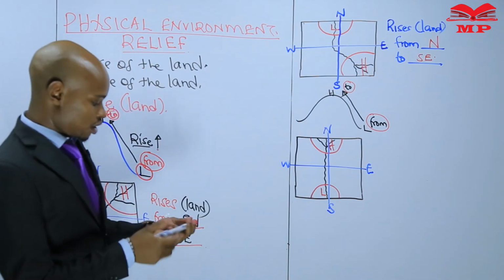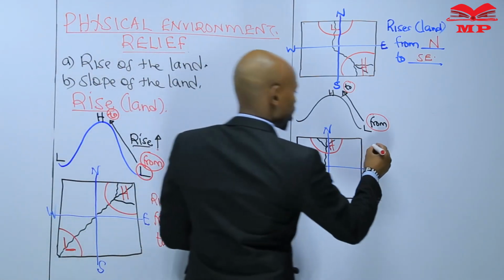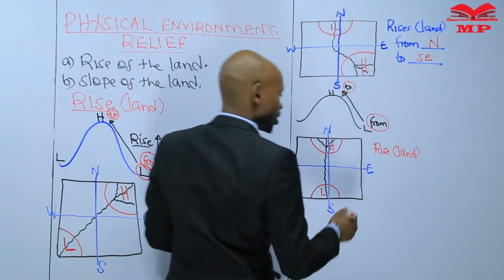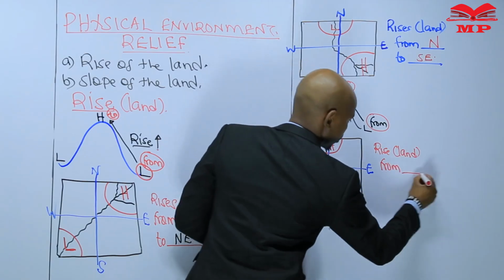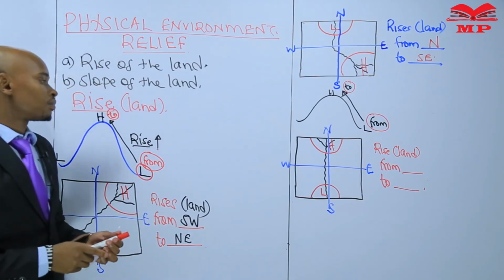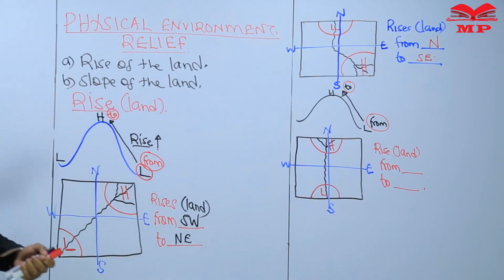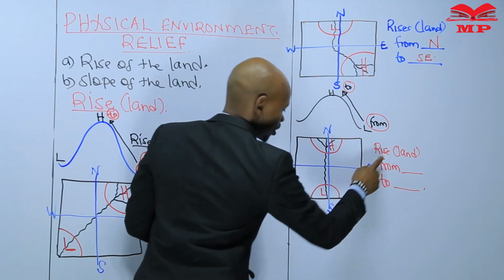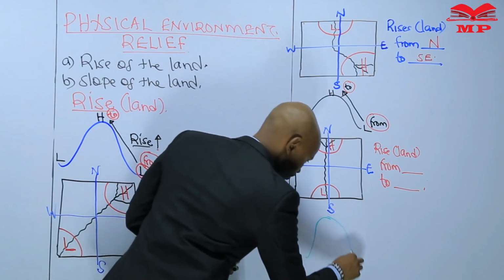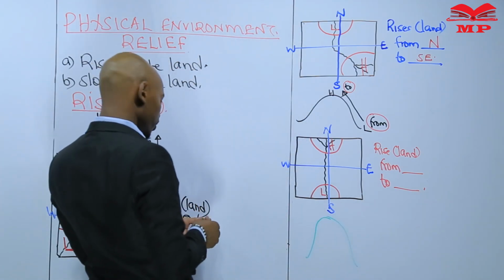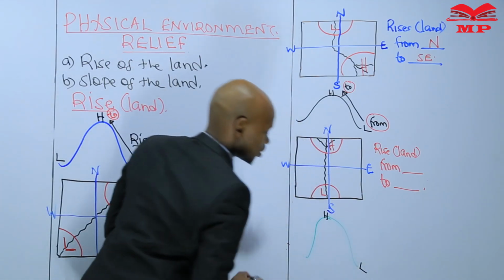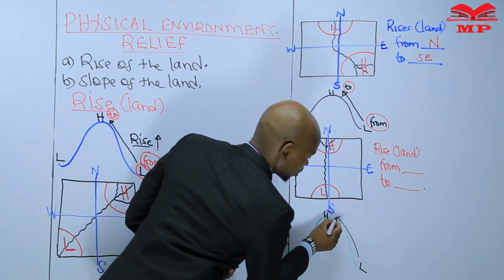What is our question? Rise. What is rising? Land. Rise of the land. From dash to dash. Now, it's a matter of now rise. You can have your magic mountain there, as we have said. And in that magic mountain, you have your highland and your lowland. What are you doing? You are rising.